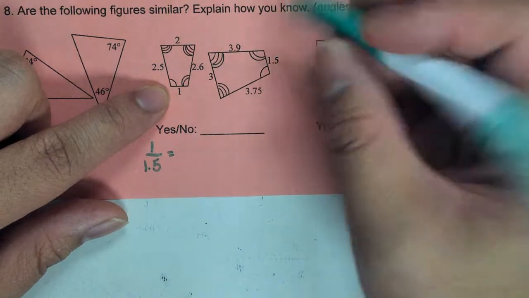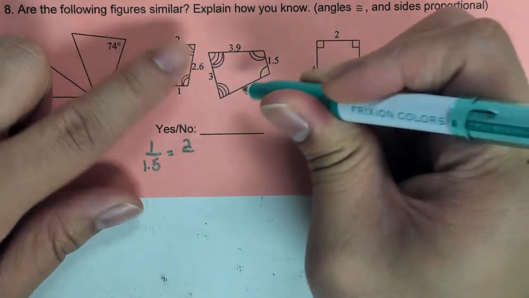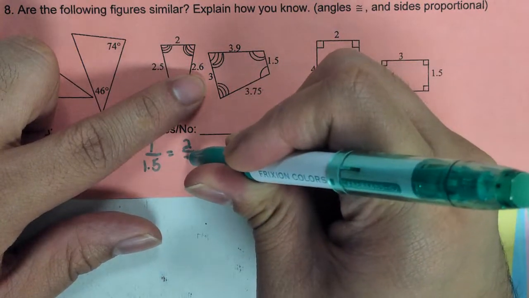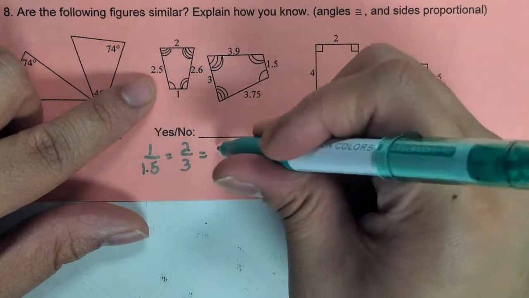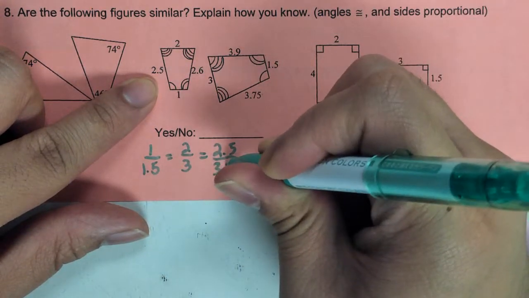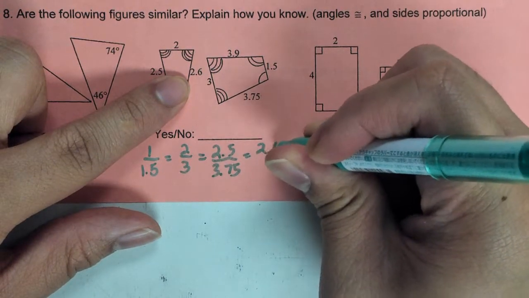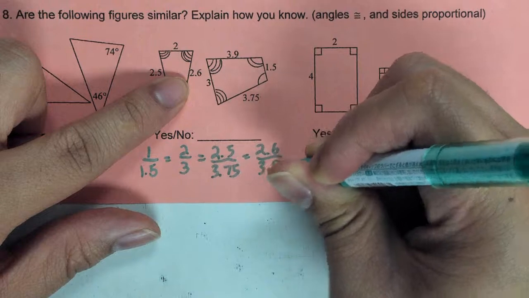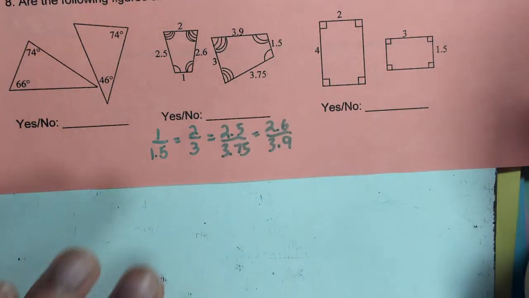Does that equal my second smallest side, 2, over second smallest side, 3? And check, does that equal my third side, 2.5, over my third side, 3.75, and last one, 2.6, the biggest side, over 3.9, the other biggest side. You need to check all 4 of them.